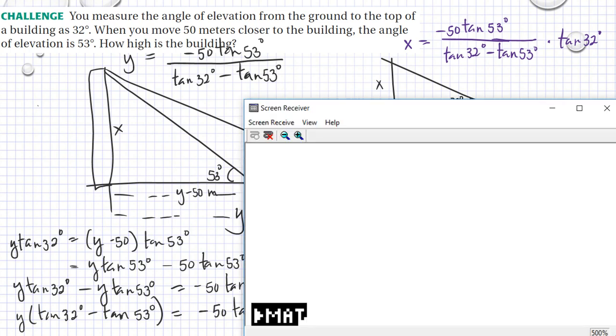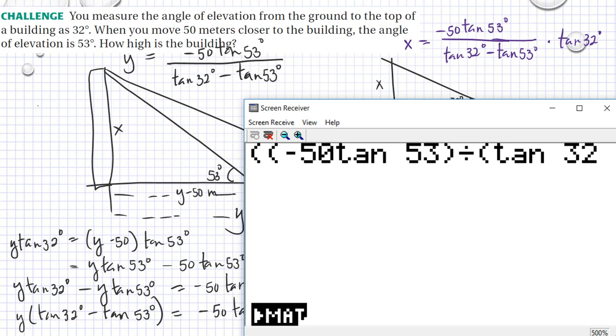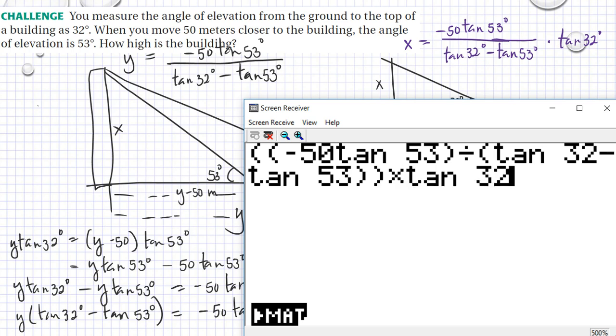If we're going to solve that, I'm going to show you how to do it. Here is my screen. I need to enclose them in parentheses. Negative 50 tangent 53, divided by parentheses, tangent 32 minus tangent 53, multiplied by tangent 32.